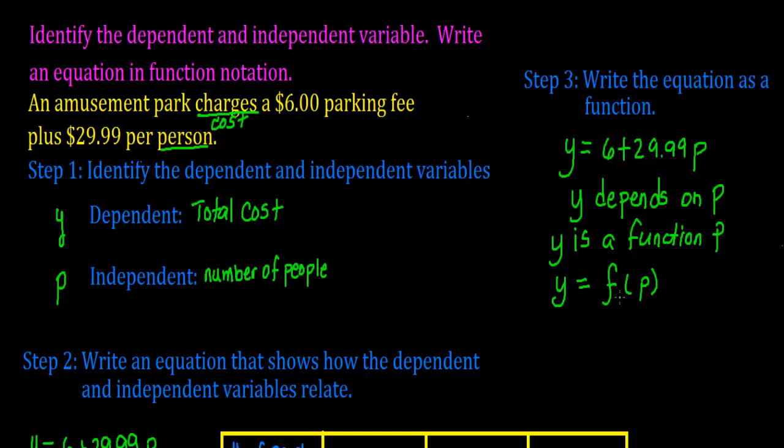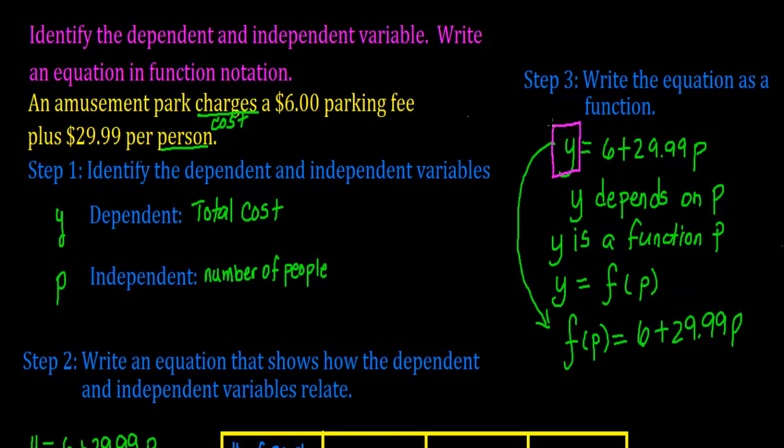Once I know this is the notation for function, I can take this equation and rewrite it as f of p is equal to 6 plus 29.99p. All I did was take this y value and rewrite it as f of p.